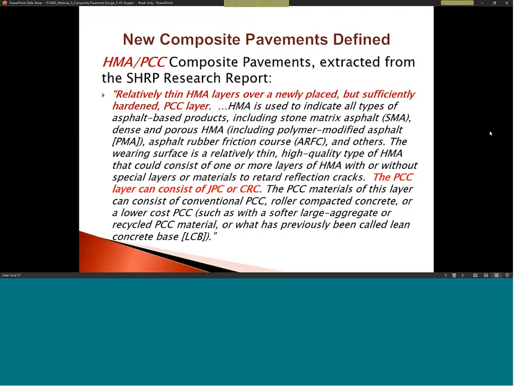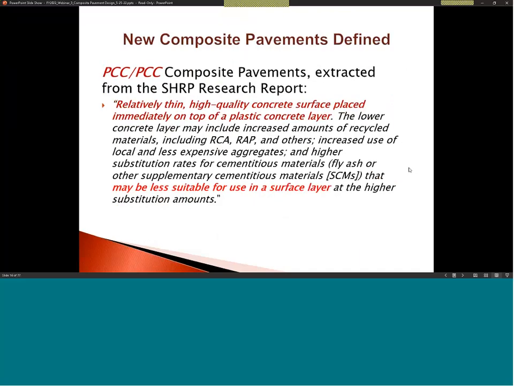It's also noted that the lower PCC layer can consist of roller compacted concrete, lean concrete, and or a lower cost PCC with more recycled materials or softer, larger aggregate, since this mix, which is the base mix, is not the wearing surface. So if you go now to the next slide, Wouter.